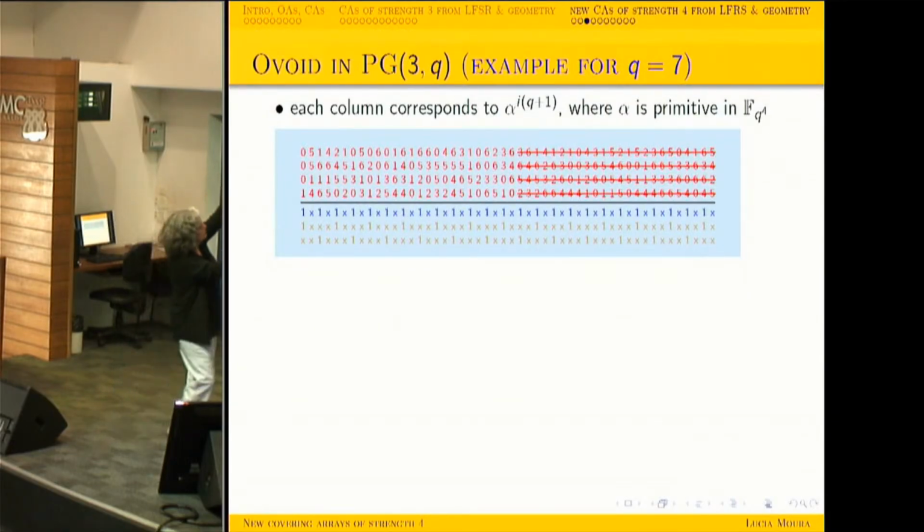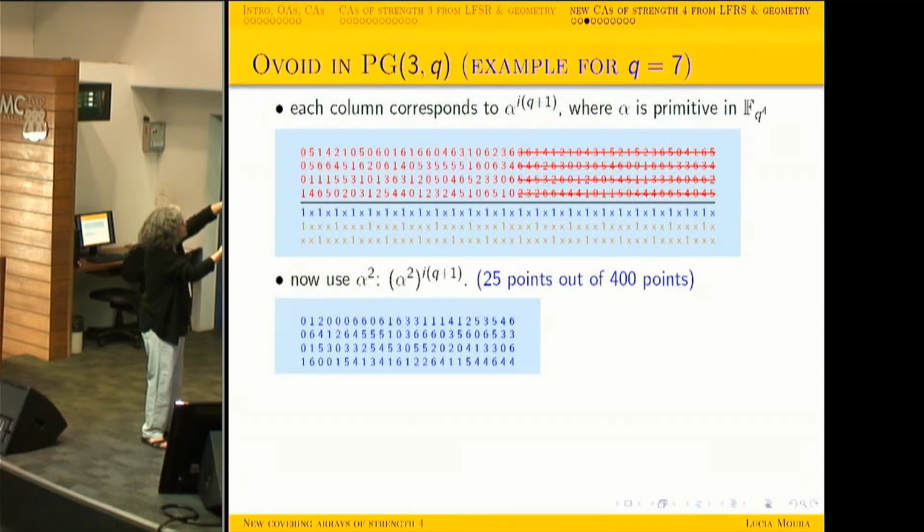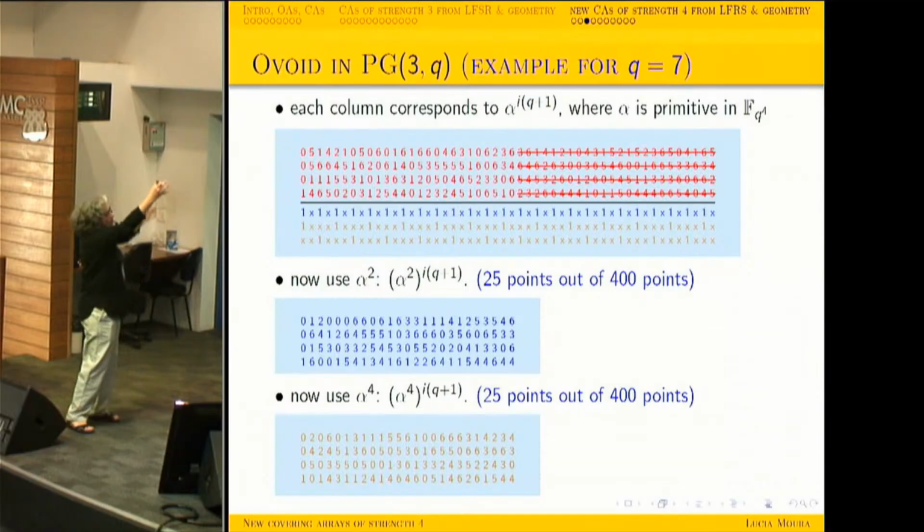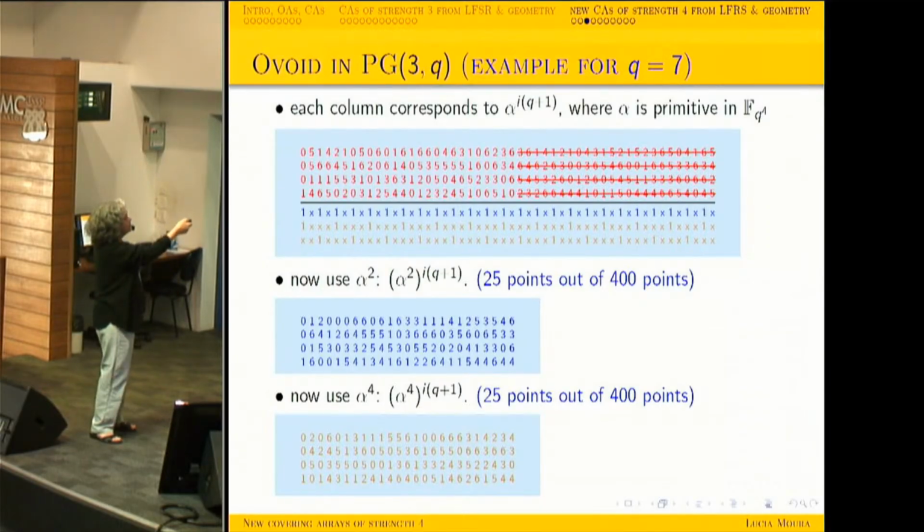That's my full ovoid, I throw away half of it. Before I had alpha to the q+1, now I get alpha to the 2(q+1). So positions 0, 2, 4 of this array, I will copy at the bottom. And then positions 0, 4, 8, etc., copy at the bottom. Throw away the rest. These are the 3 pieces.